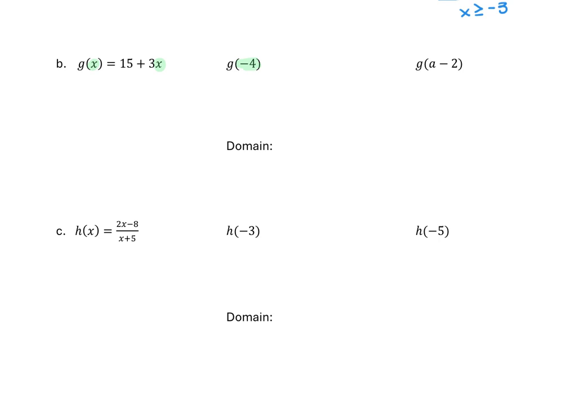And so when we do this, we get 15 plus 3 times -4, and we simplify using order of operations. We're going to multiply 3 and -4 becomes -12, and 15 minus 12 is 3.